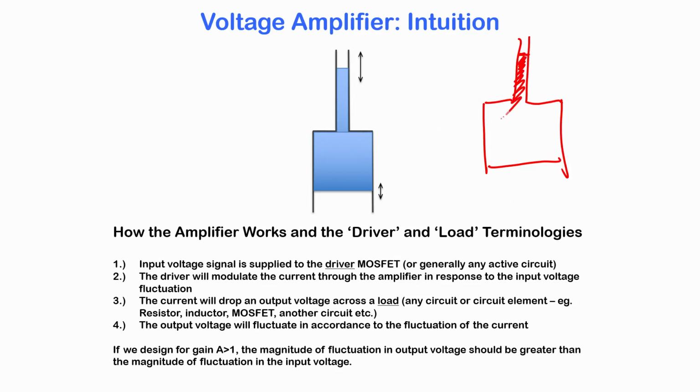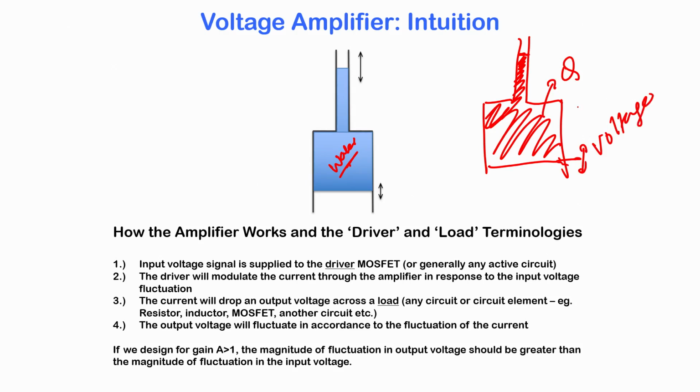It's a continuous volume of water that fills these pipes. This is all water, and the amount of water is charge. So the amount of water is essentially charge, and the fluctuation in this level of water is the voltage. So this is voltage.